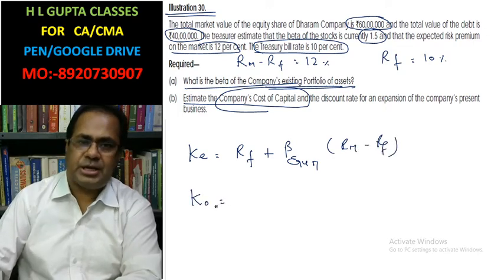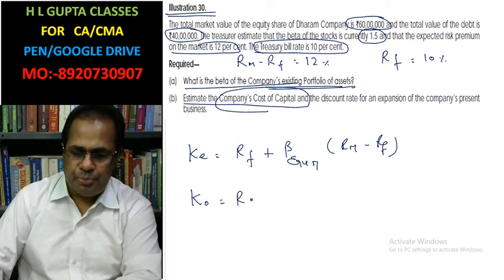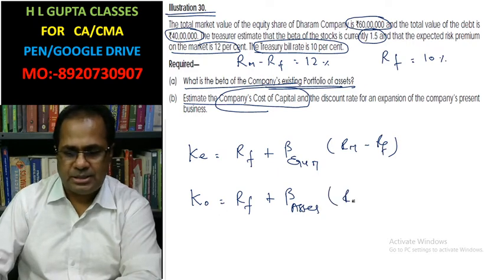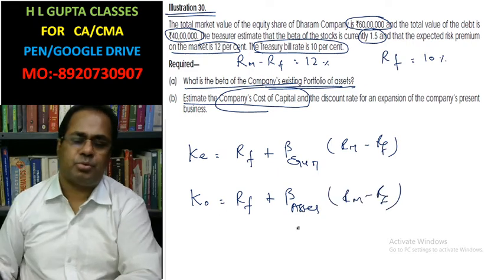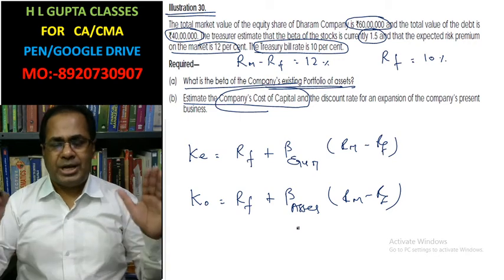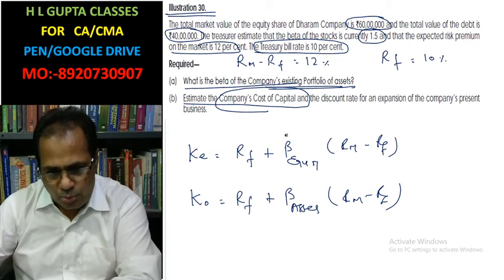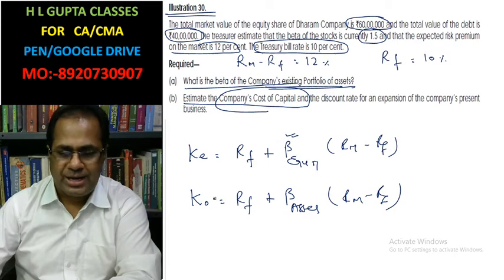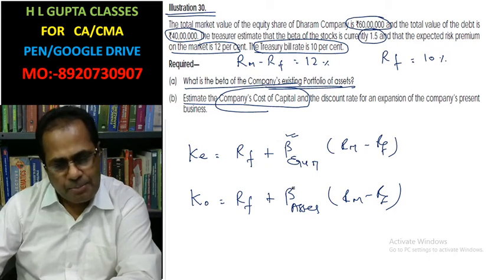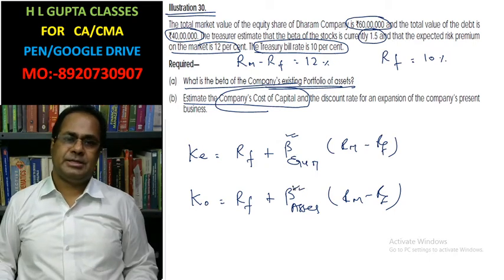In the case of cost of capital, you write risk free plus beta assets, and the same risk premium. To calculate cost of equity, you write beta equity. To calculate cost of capital, you have to write beta assets.